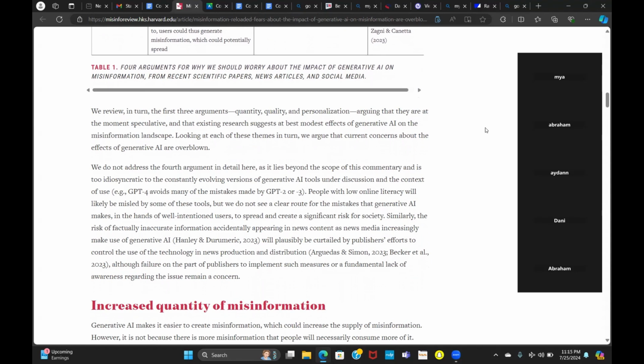I like how it looks at misinformation as a supply, like it can grow, it can decrease, based off of the one thing, generative AI. I like how it also talks about how easy it is to fake stuff now, the ease of generation of fake information.